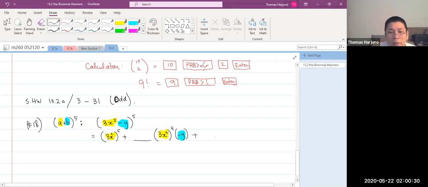plus something a cubed b squared plus something a squared b cubed.